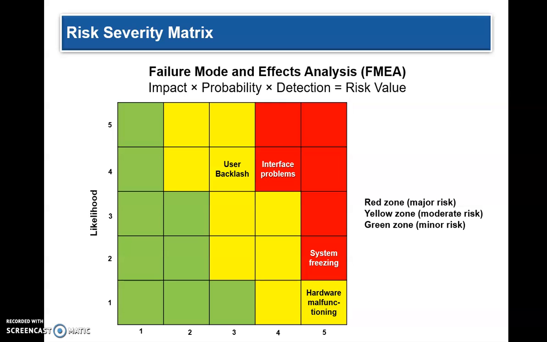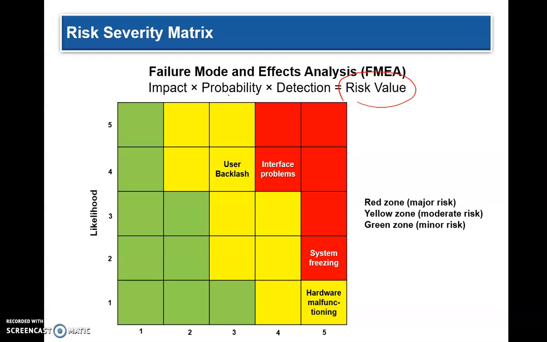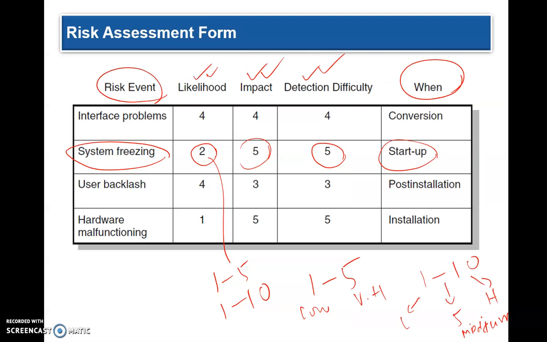So the risk value is going to be the impact times probability times detection. So let's take a look at it. The impact times detection times likelihood. That's what we said, right? Likelihood is a probability. So 2 times 5 times 5 is 50. 4 times 4 times 4 is 64. 4 times 3 is 12 times 3 is 36. 1 times 5 times 5 is 25.